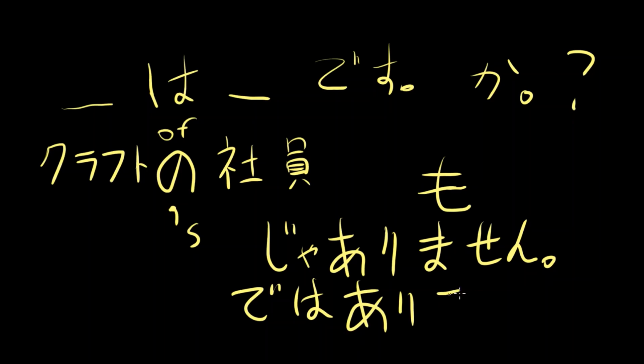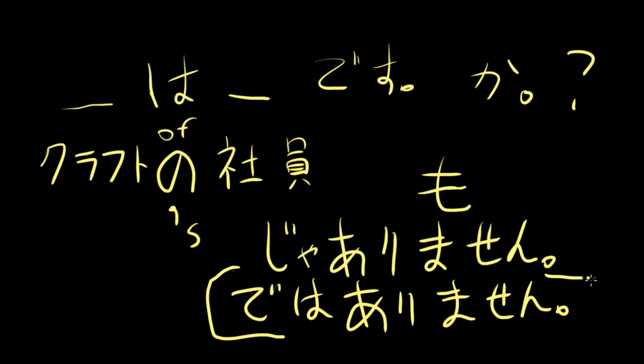Actually, to be honest, I've heard both. じゃありません and ではありません. So I think it depends on the speaker. But I think this one's definitely considered more polite. ではありません. Okay, that's the end of lesson 4.